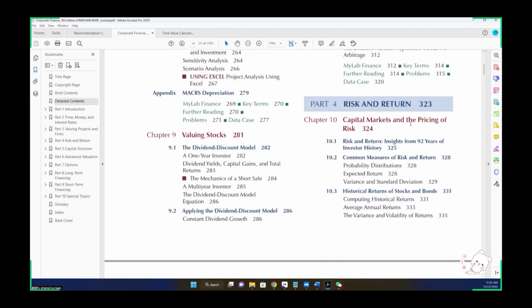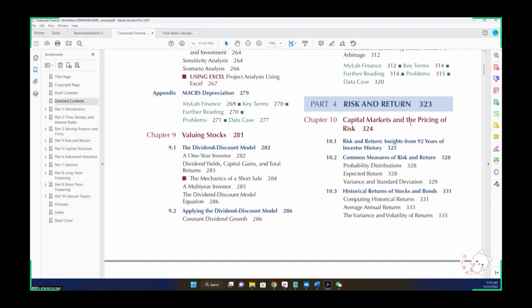Then we have a very important topic about risks. And risks means the calculated uncertainties in the finance world. And I simplified the chapter here, trying to avoid all the mathematics. So you won't struggle with the equations and formulas in this chapter.